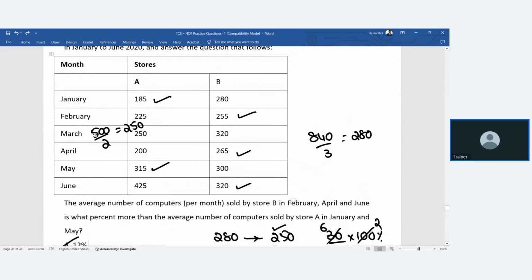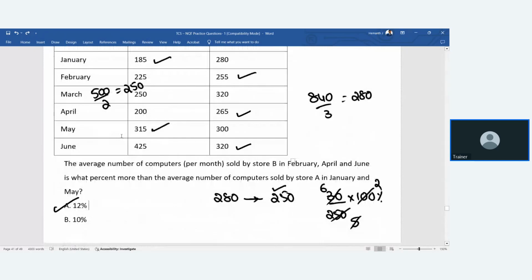Then definitely 280 is more than 250. How much more? We are comparing with what? Different percentage comparisons: more than, less than, taller than, shorter than. If they ask a percentage comparison, we have to take the difference divided by what you are comparing with. You are comparing with what? That should be in the denominator.